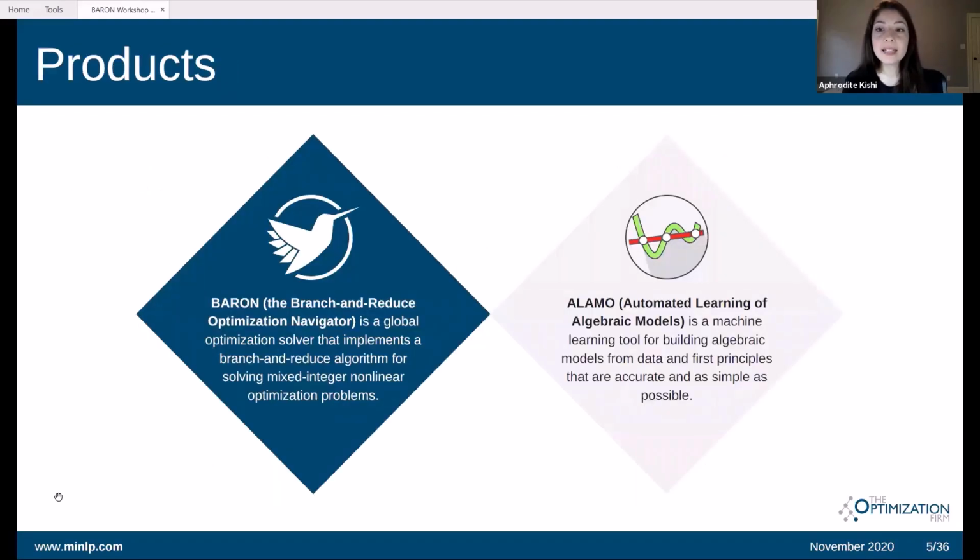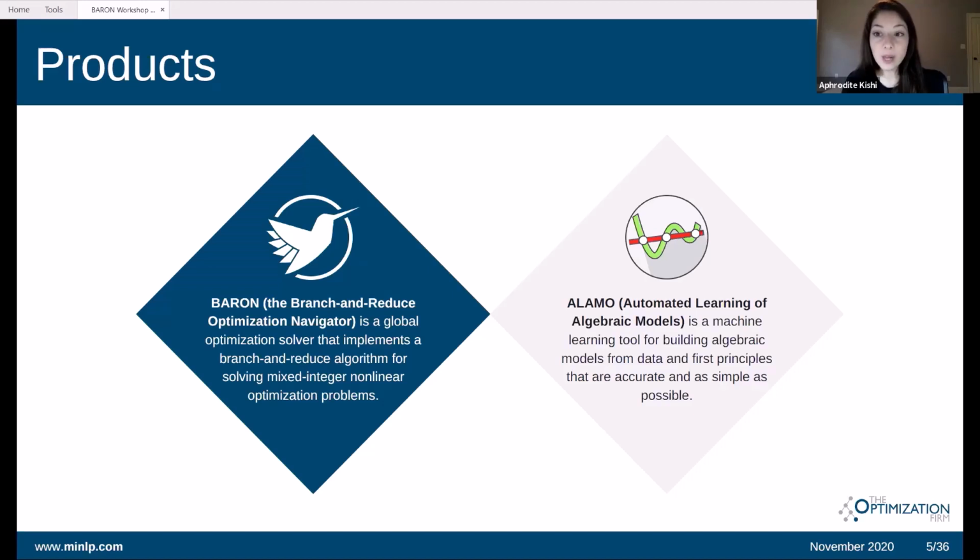So the company's key motivation and the key motivation of this presentation are that global optimization tools have significantly affected society over the past few decades and are needed across numerous business functions. So at the optimization firm, Barron is our flagship product that is a result of 30 years of research.